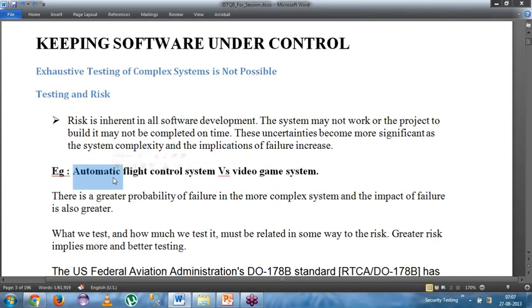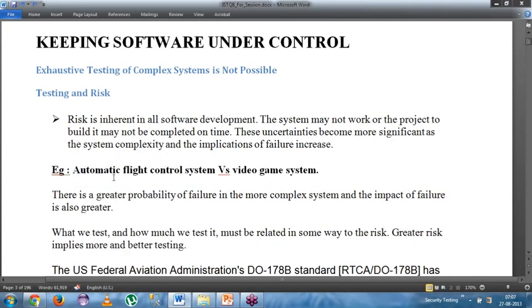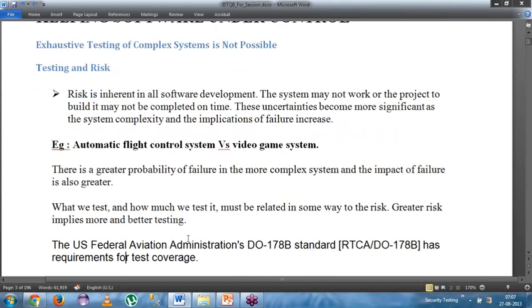For that matter, the US Federal Aviation has its standards for test coverage. So a greater risk implies more and better testing. If the risk is more, the impact is more, and the probability of failure would be more. So we need to ensure that we are concentrating on this factor right from the beginning of the testing lifecycle.